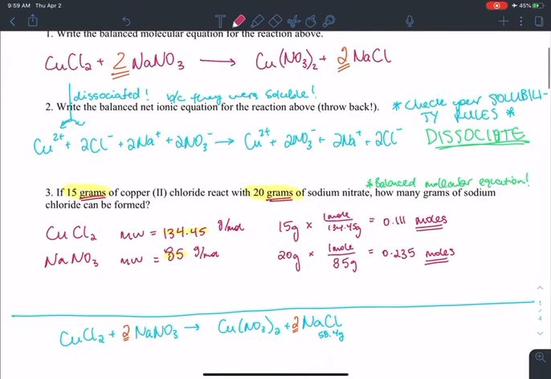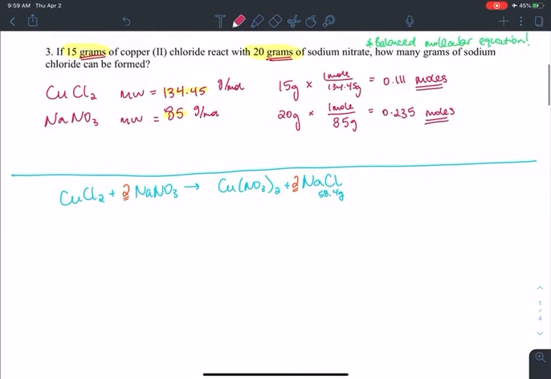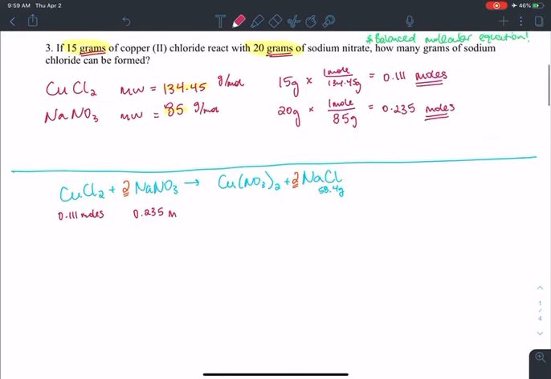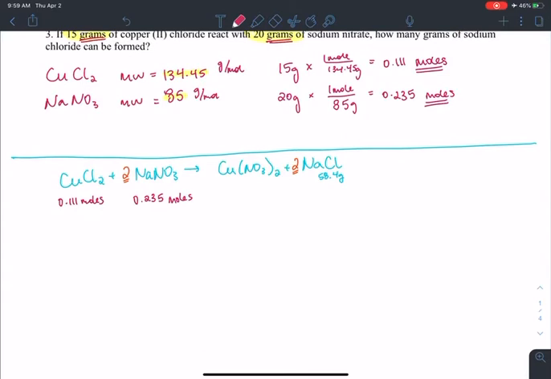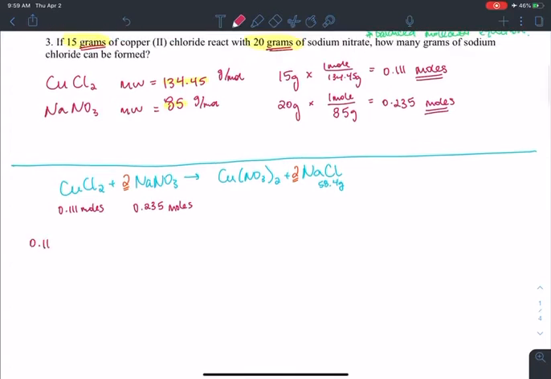Okay? So now let's actually answer this question. Here's our reaction, our balanced molecular reaction. We have copper 2 chloride plus 2 sodium nitrates yields these products. And we started with 0.111 moles of copper 2 chloride and 0.235 moles of sodium nitrate. And so the way that we've done it in our class is to start with these, so 0.111 moles of copper 2 chloride, and we're going to convert that into one of the products.